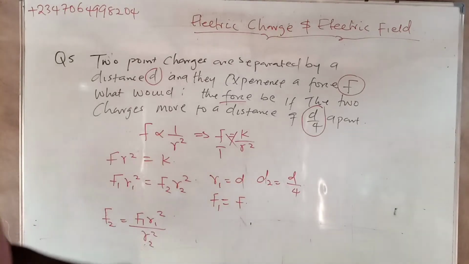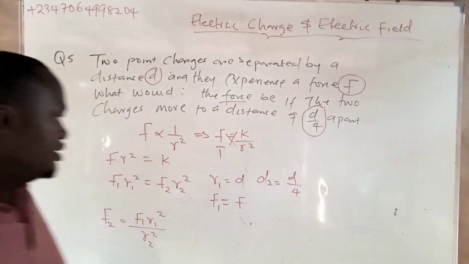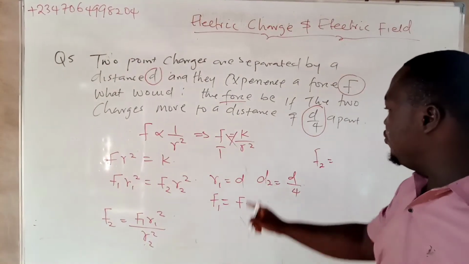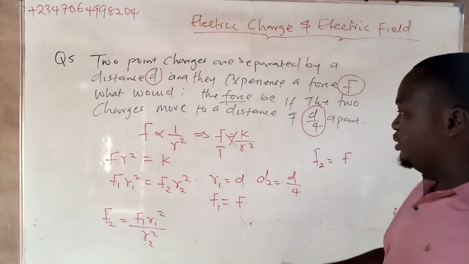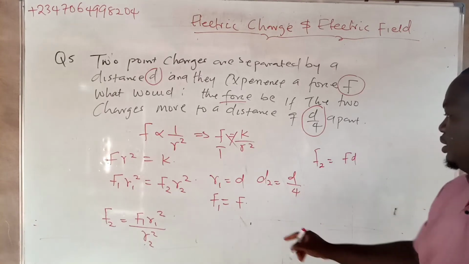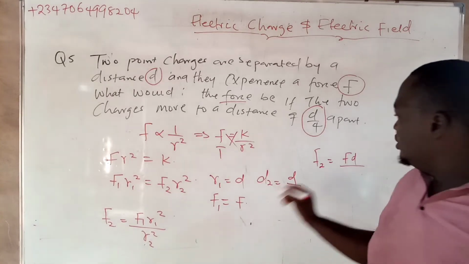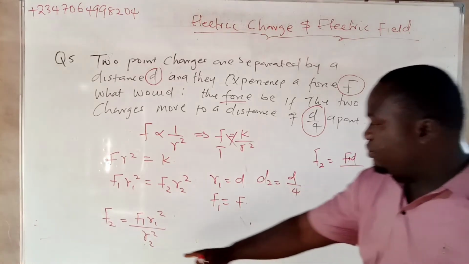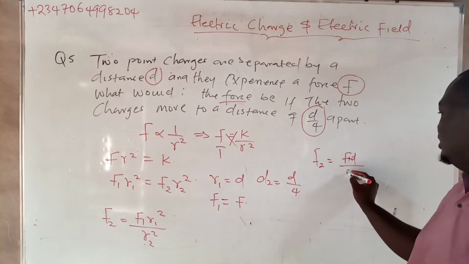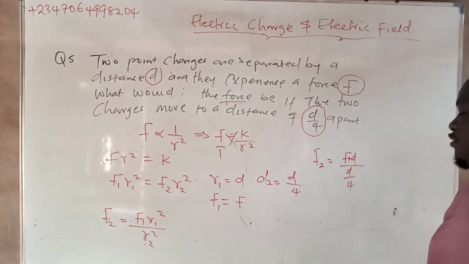Now, inserting this into this formula, my F2 is now, my F1, remember, is F. My R1, remember, is D, right? Now, all over, let me put times here. My R2 is what? The R2 is D all over 4.